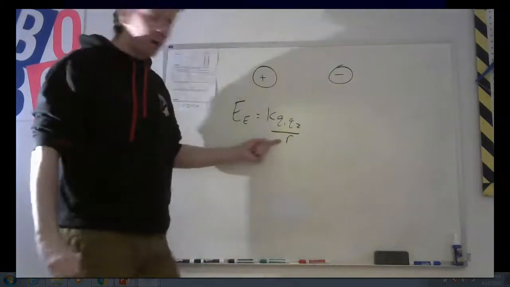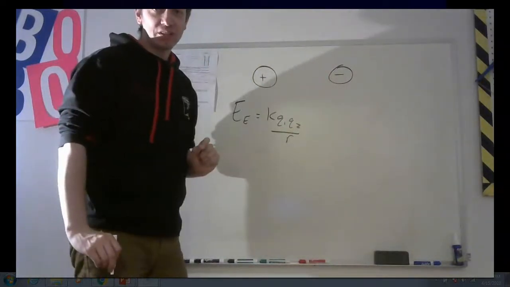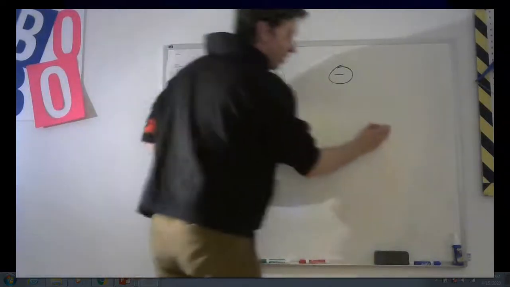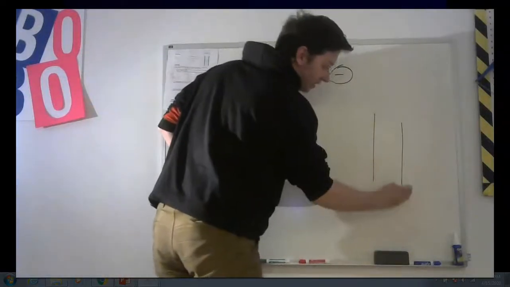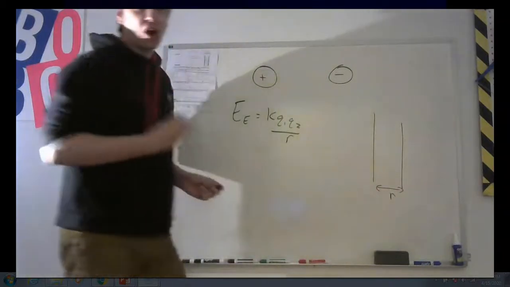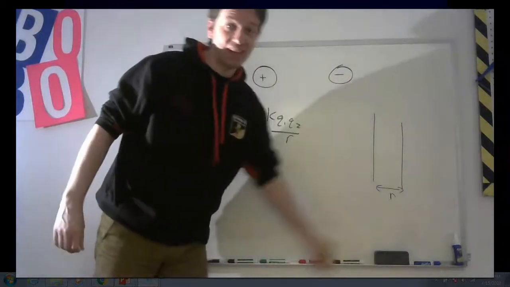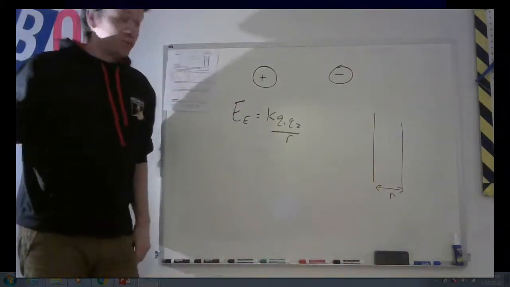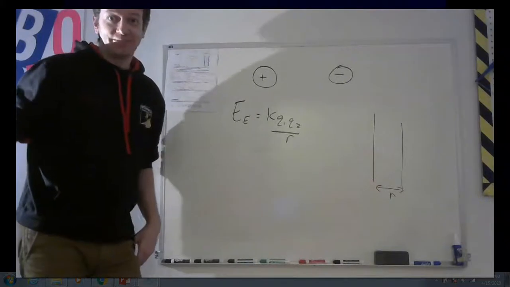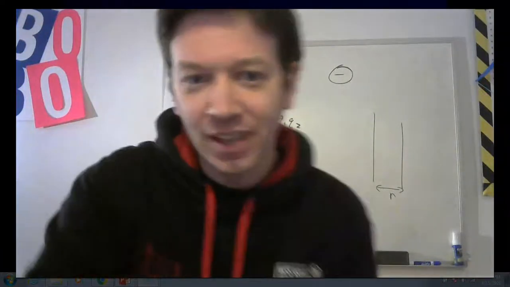In this case, r is the distance between the two charges. However, if I'm talking about parallel plates, we call the separation between the plates r. Yes, you can see them in different equations, and you should know which r we're talking about. I've seen many students try and get them confused. Don't do that.